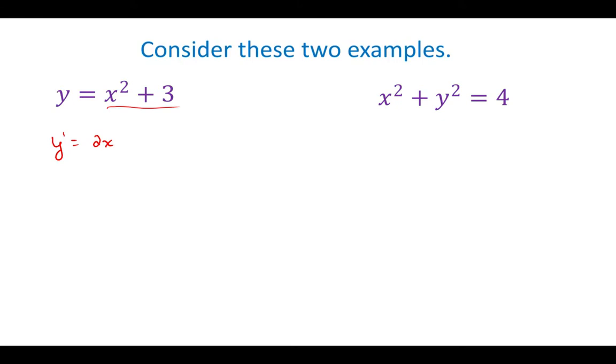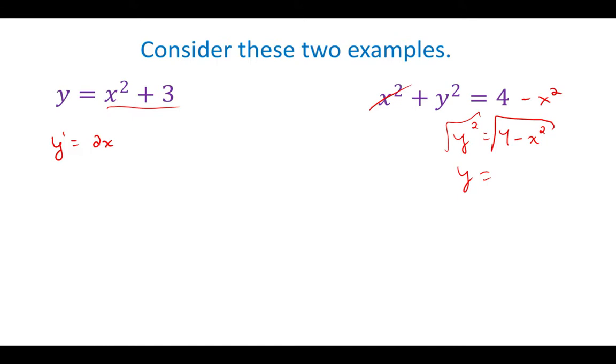So your first thought might be, well, maybe I could just rewrite it that way, right? Maybe I could just get the y by itself and then we could do it. So we could try that. We could subtract the x squared over. We get y squared equals 4 minus x squared. Now we'd have to take the square root, which, okay, you're thinking, well, I could do the derivative of this.